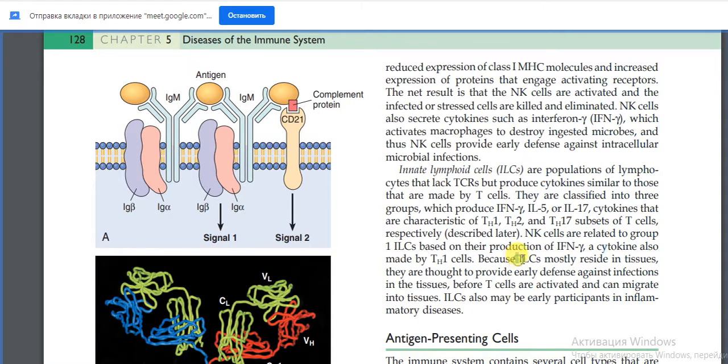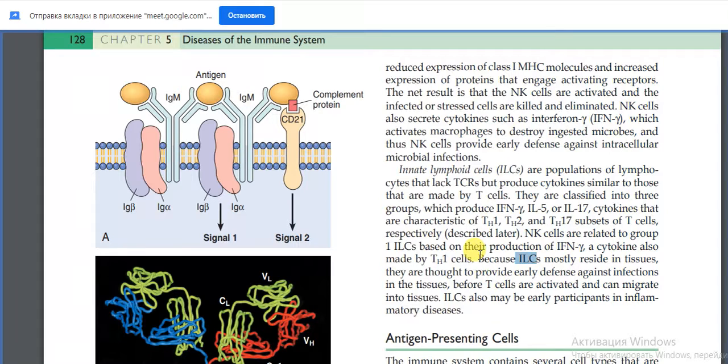Innate lymphoid cells mostly reside in tissues. They are thought to provide early defense against infections in the tissues before T cells are activated and can migrate into tissues. So they are present in the lamina propria of organs, for example, where T cells are not attracted to the site yet, and they just act instead of T cells.